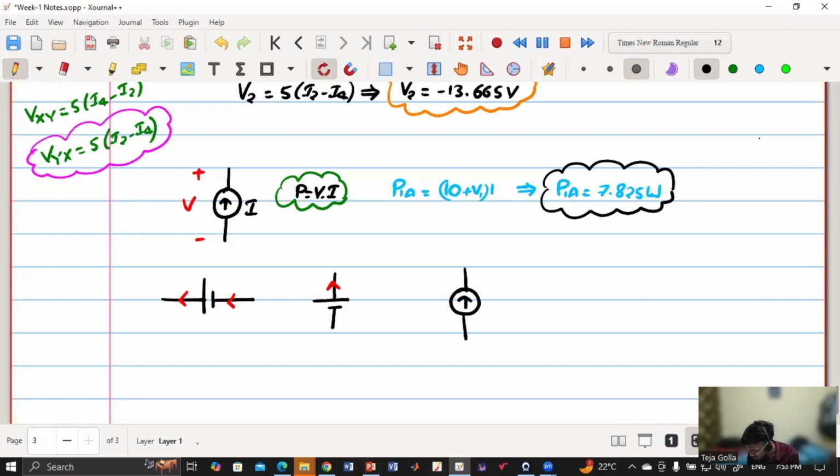When it has a positive voltage across it and is giving the current, then it is generating power. So in this case the power is positive, and in both of these cases it is delivering power. Clear? Is this clear? Or any doubts?